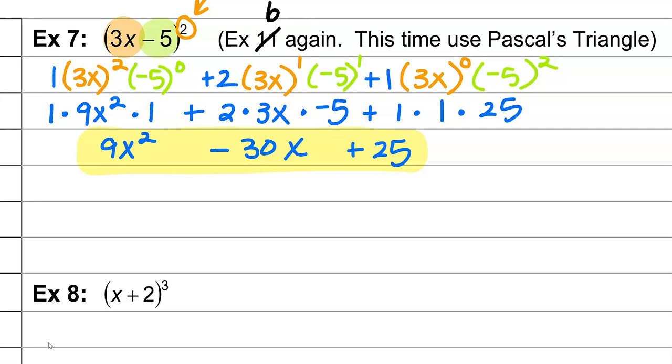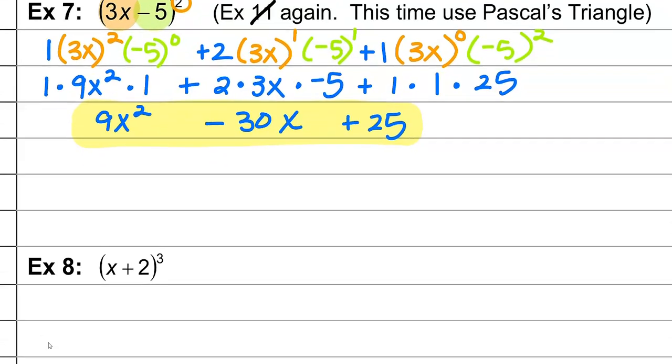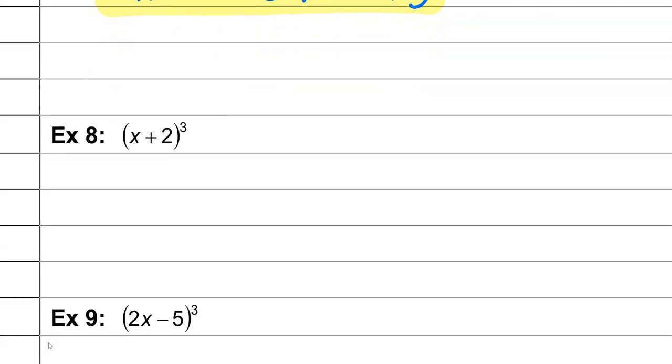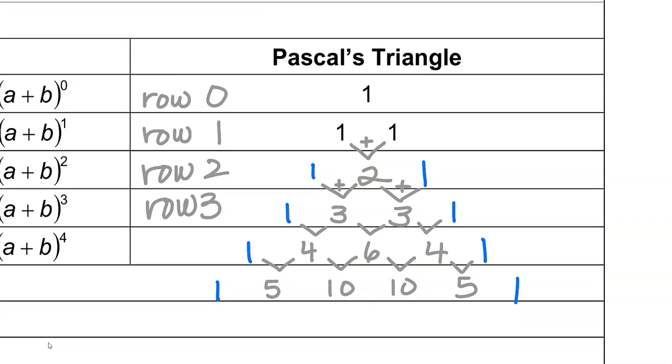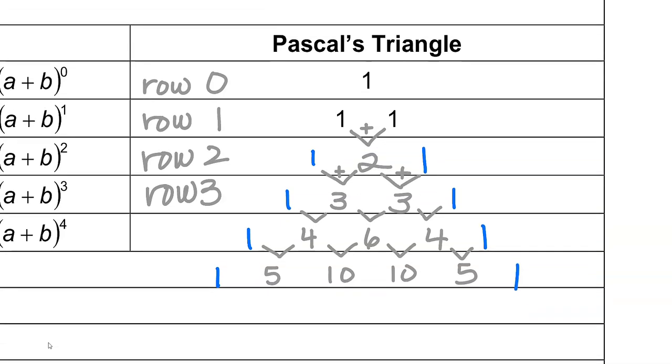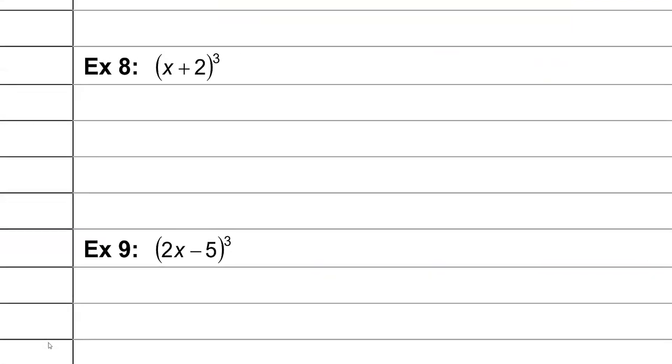Okay, but notice here, now I'm going to do it with x plus 2 to the third power. If I'm going to do it to the third power, I have to go up here on Pascal's triangle. Third power is going to be row 3. That's the 1, 3, 3, 1. I'm going to bring the 1, 3, 3, 1 down here and space them out nicely.